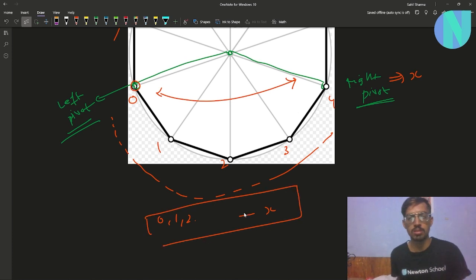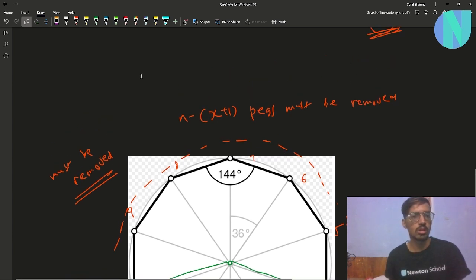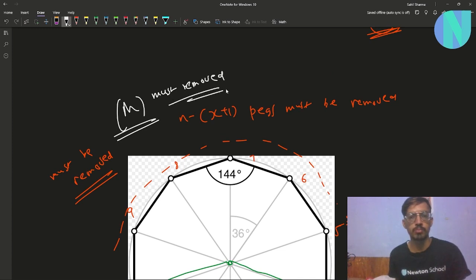Then we have x plus 1 pegs in the range from left pivot to right pivot. And all the pegs that are outside, so n minus (x plus 1) pegs, must be removed, because they are outside the range. So all these pegs must be removed. Let's call them m, the pivots that must be removed. So n minus (x plus 1) pivots must be removed.